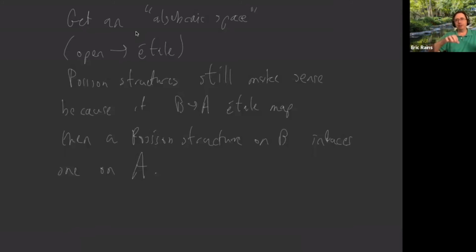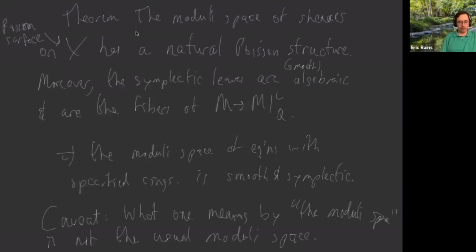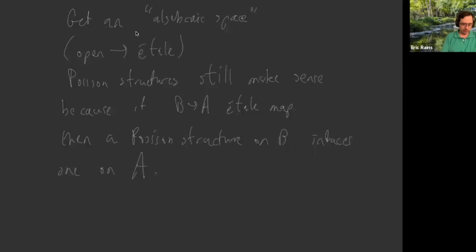And so you can define a Poisson structure on it by defining a Poisson structure on these schemes that cover it. And then there are some extra consistency conditions one needs to check, but everything works. This theorem is basically the main theorem of the Poisson moduli space paper, oddly enough. So this theorem is a somewhat weaker version of the theorem.